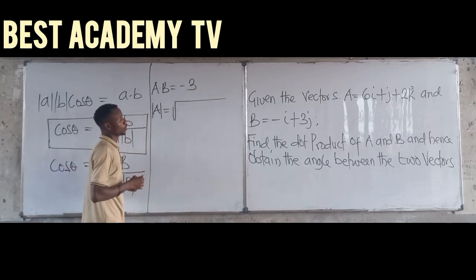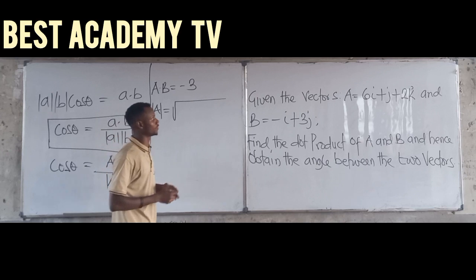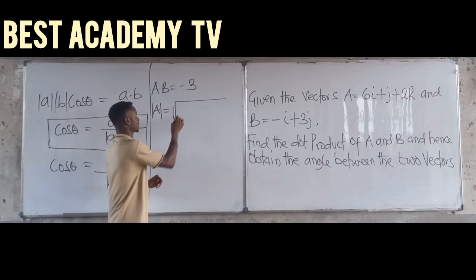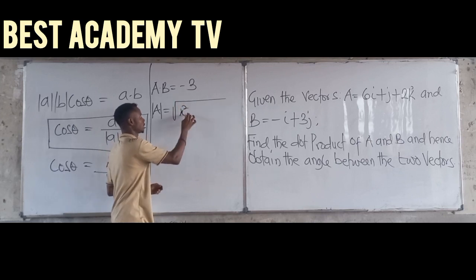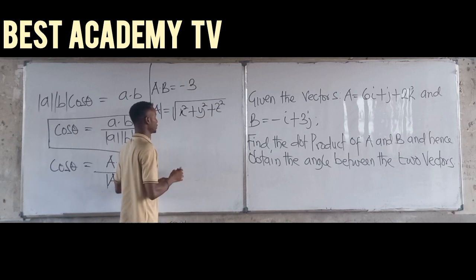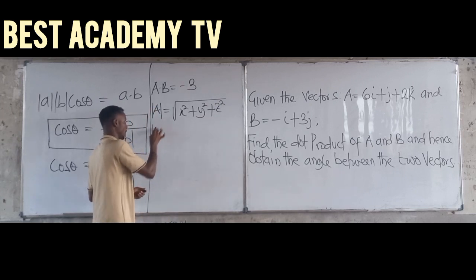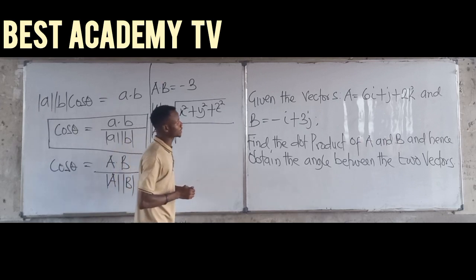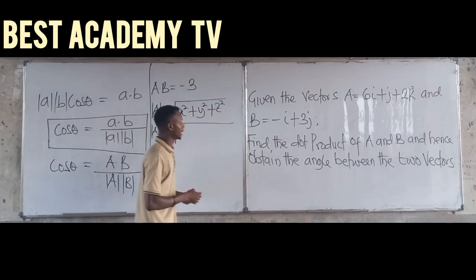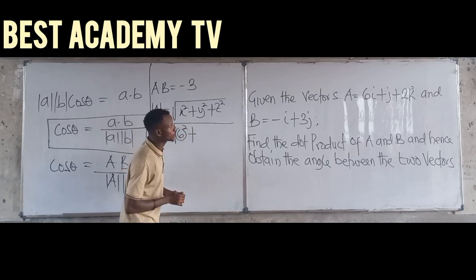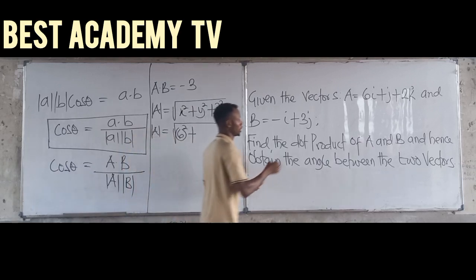Let's check what the vector is. If it's in 3 dimensions, we use the 3-dimension formula, that is x squared plus y squared plus z squared. So our A magnitude here will be equal to square root of, what is our x? x is 6, all squared, plus, what is our y here? There is an invisible one here, please take note.